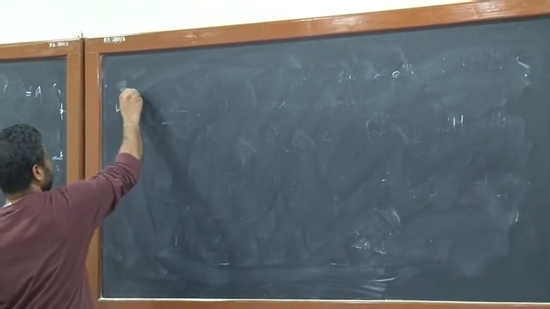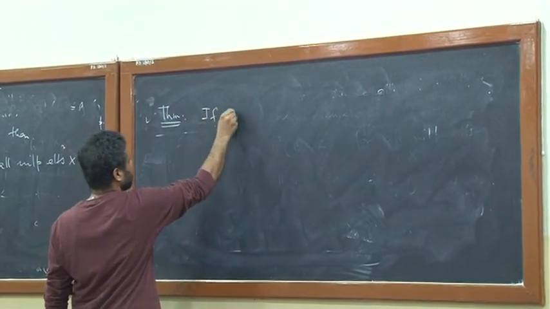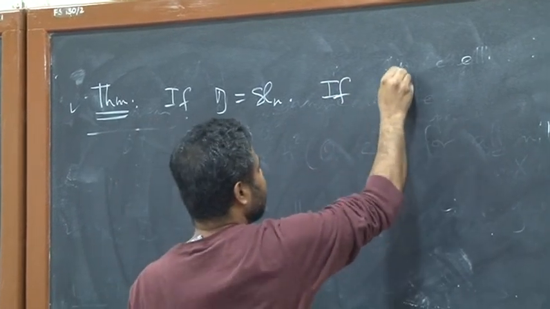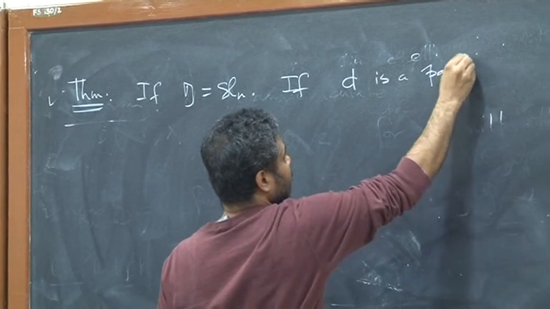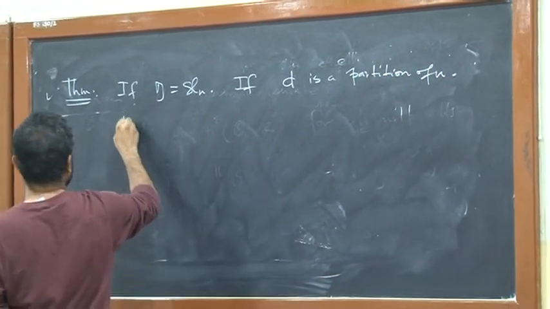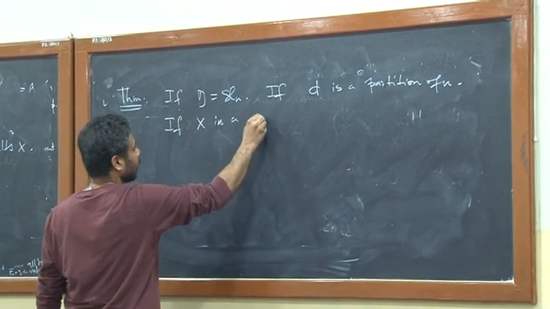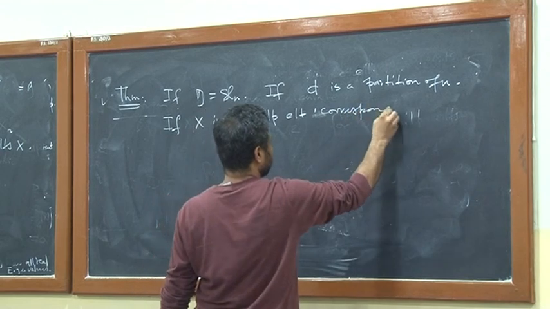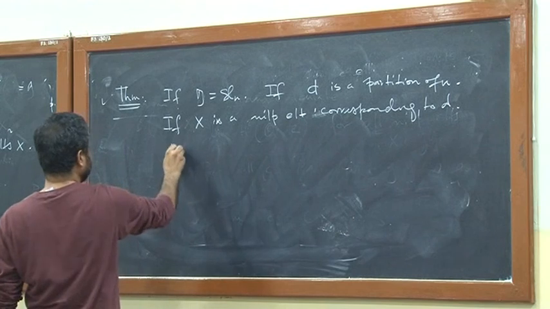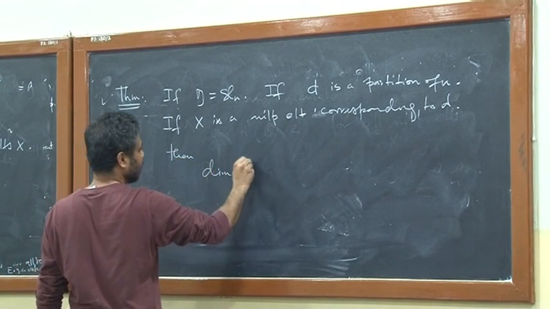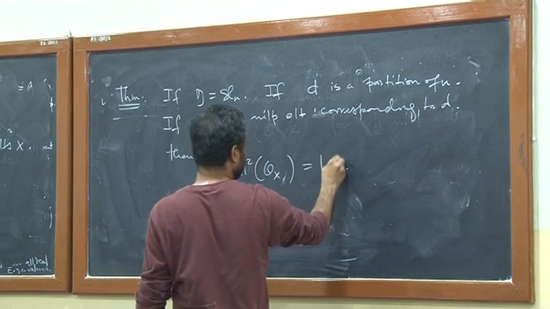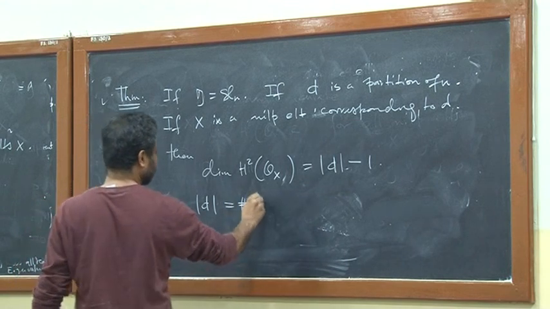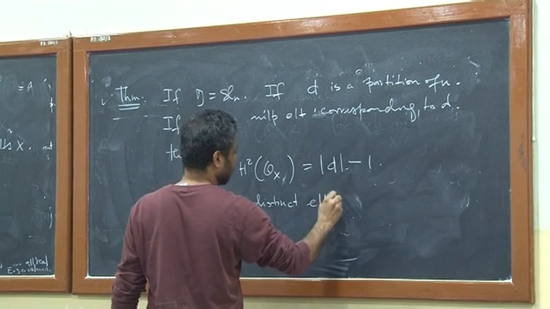So if G is SL_n, and D is a partition and X is a nilpotent element corresponding to D, then the dimension of H^2 of O_X is the same as d minus 1, where d is the number of distinct elements.